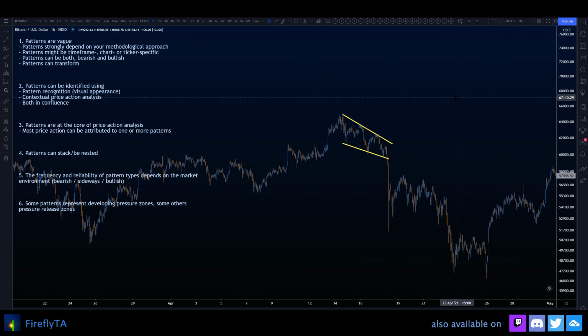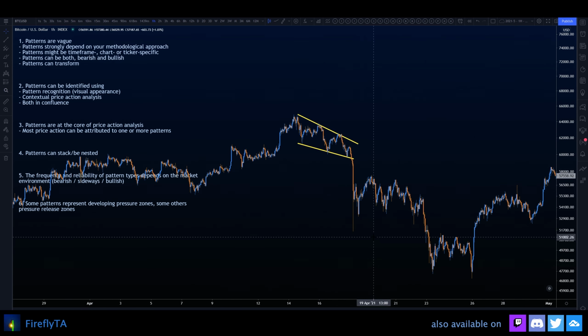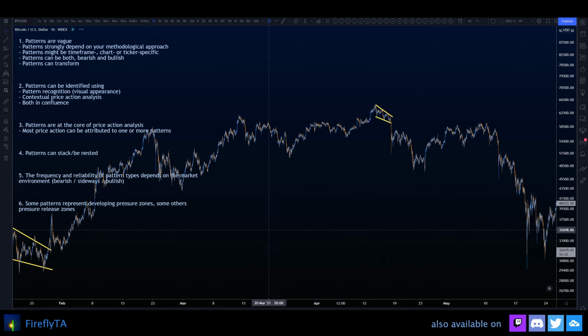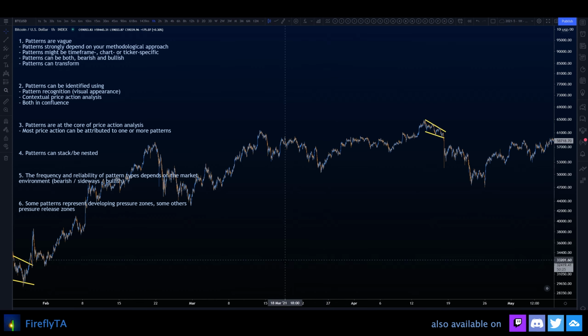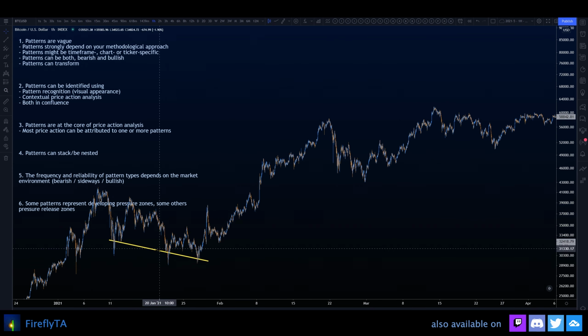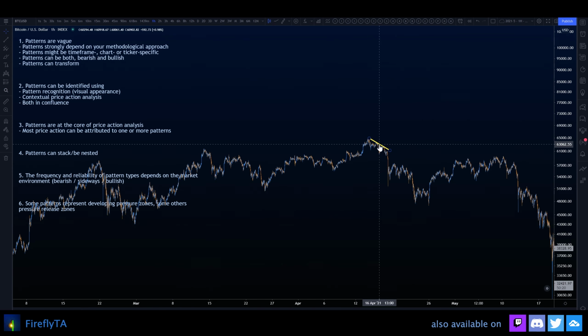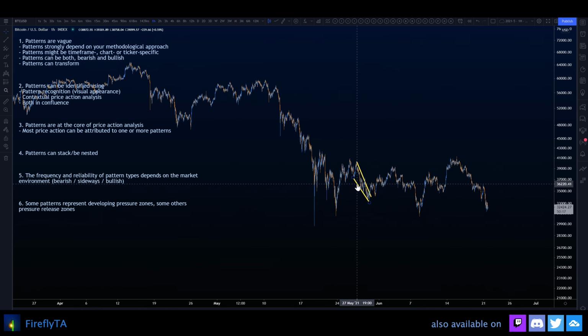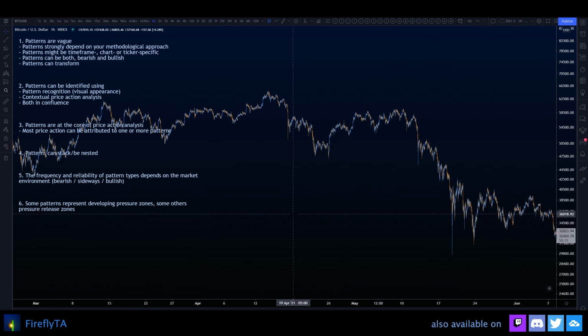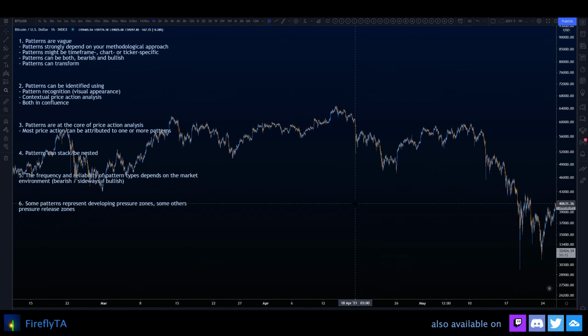The environment tells you a lot about how reliable a certain pattern type is. And if we do contextual price action analysis, we don't run into these problems because we can read the situation instead of just a structure it is appearing as.